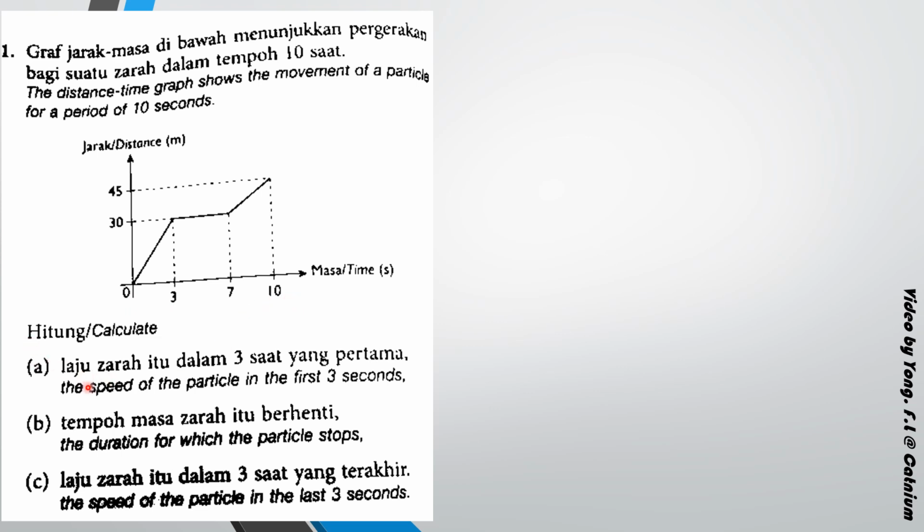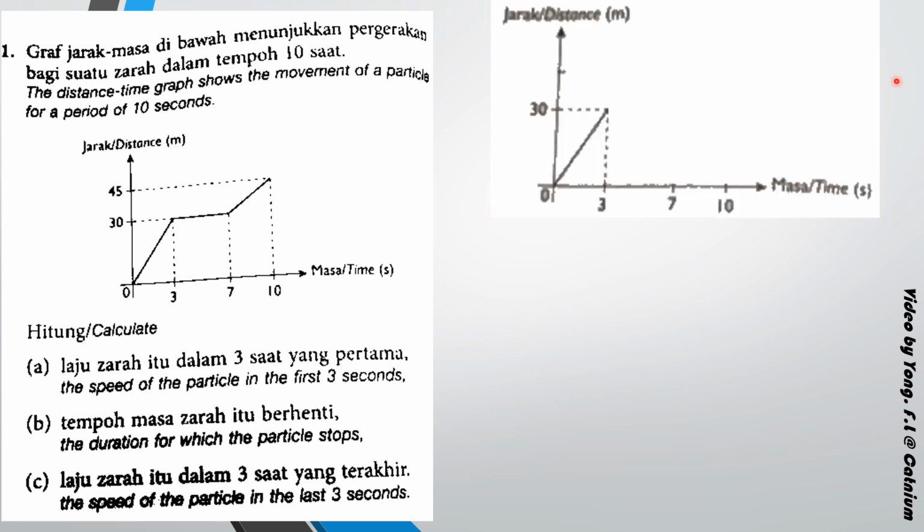For A, they want to find out the speed of the particle in the first 3 seconds. Now I just focus on the first 3 seconds. What you see here is only the part of the graph which I have summarized for you. The rest of the graph is not related, so you have to focus on the questions.